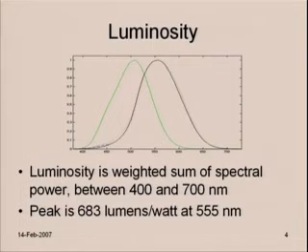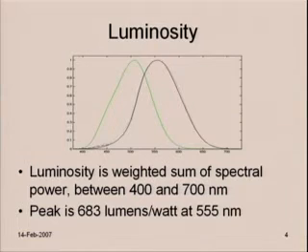So what these curves are trying to convey is that for the same amount of power at different wavelengths, your perception of brightness is different. And so to get an overall value for luminosity, we basically do a weighted sum of the spectral power hitting your eye, weighted by one of these two curves, depending on whether we have bright light or not.